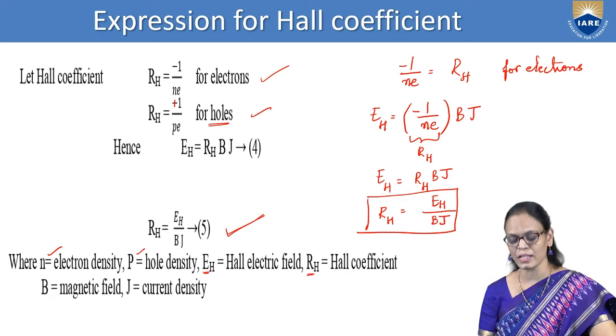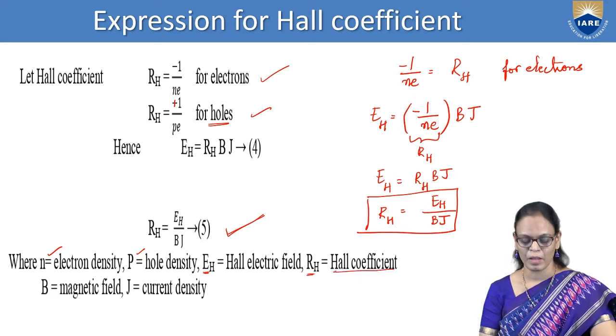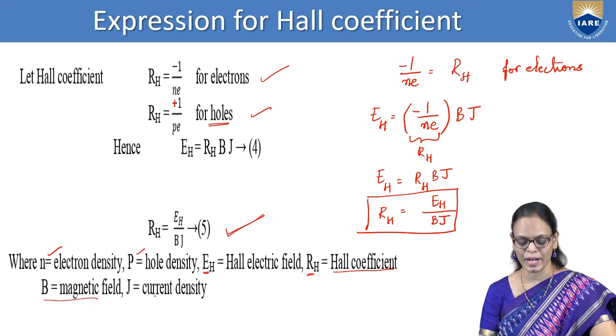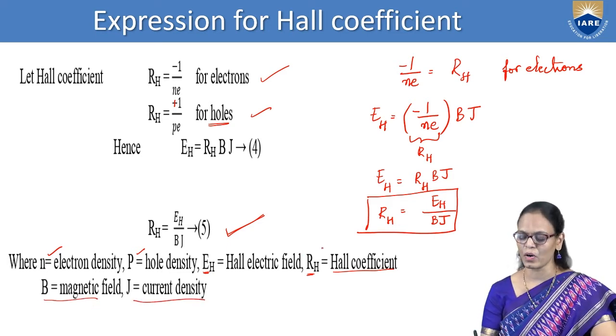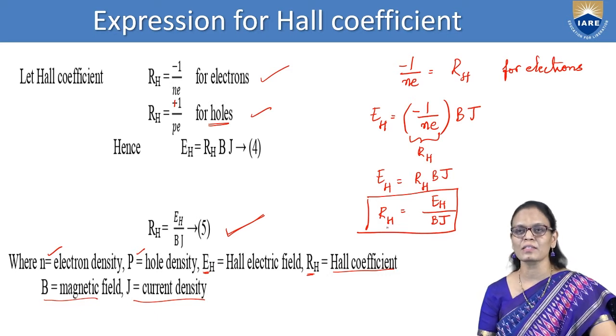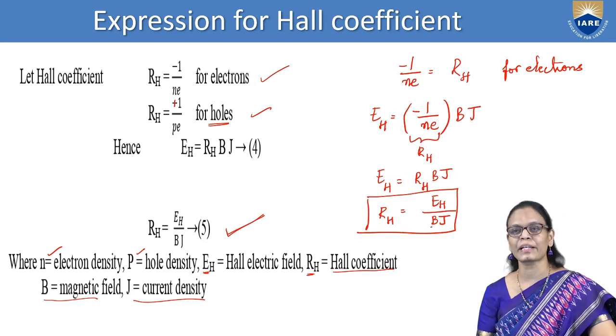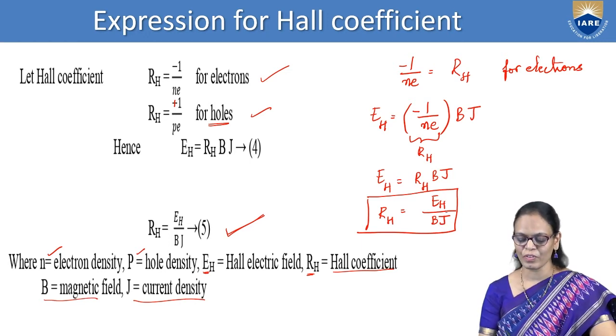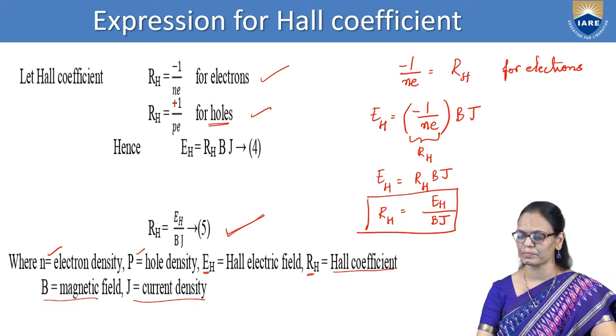Then RH is the Hall coefficient, B is the magnetic field, and J is the current density. All the terms here are defined. RH is the Hall coefficient, EH is the electric field due to the Hall effect, B is the magnetic field applied, J is the current density. So we are naming it as equation number 5.